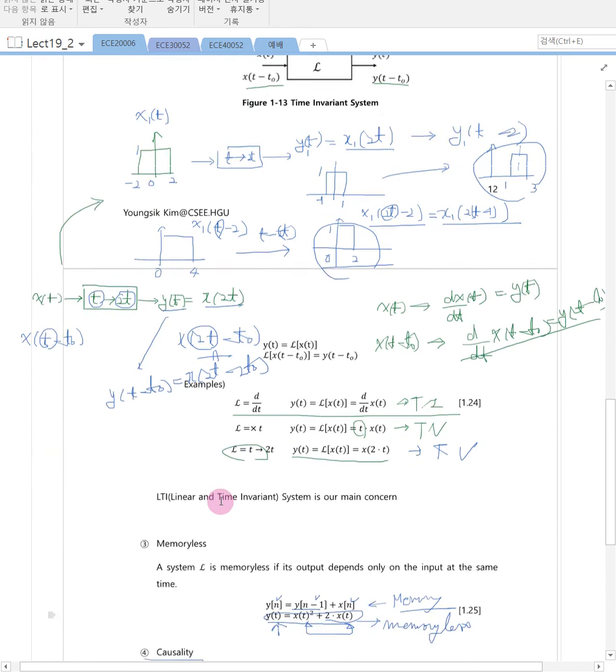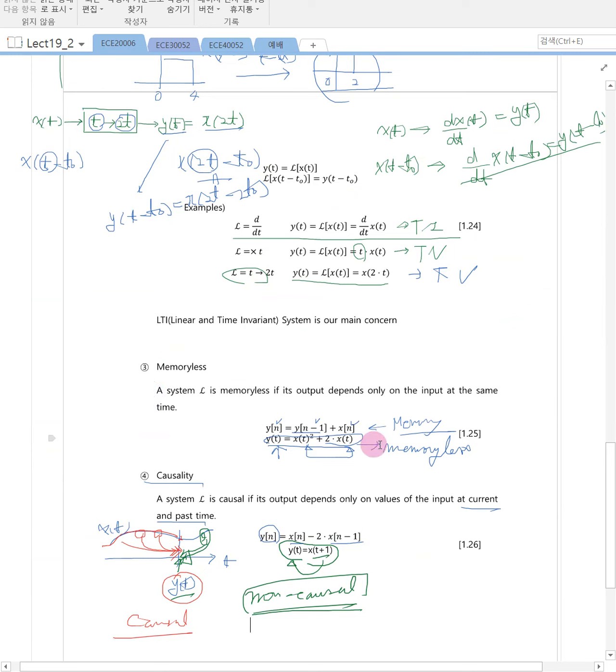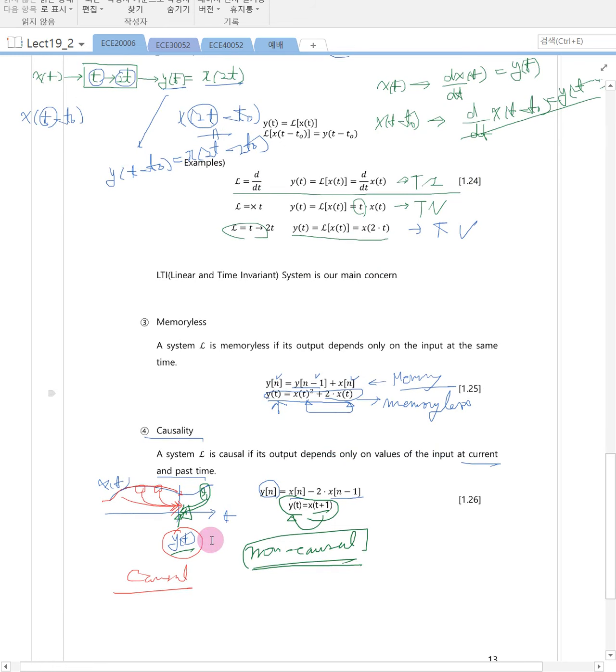The next one is memorylessness. If there is some memory device, then the system has some memory. But if the system output depends only on the current value, then it is memoryless. The last one is causality. Causality means that the output depends only on the current and past values, and then it is called a causal system.